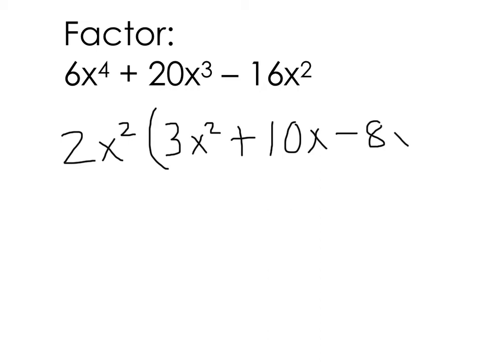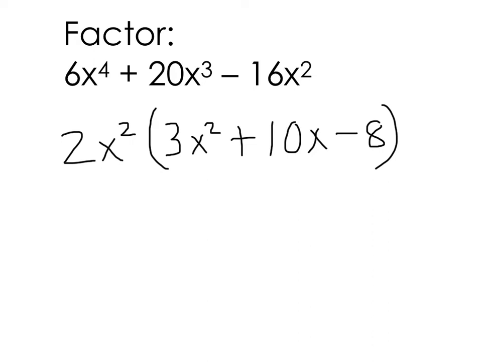That's not right. Get rid of that. And close our parentheses. So is that correct? Can we multiply through and get 6x to the 4th plus 20x to the 3rd minus 16x squared?